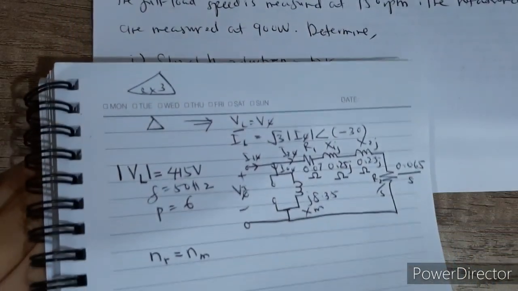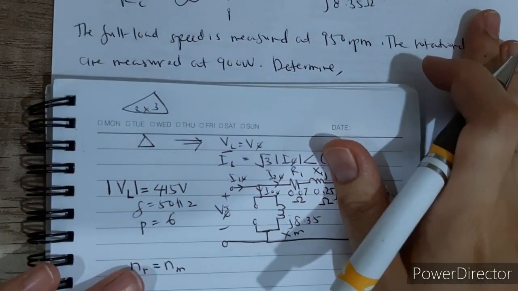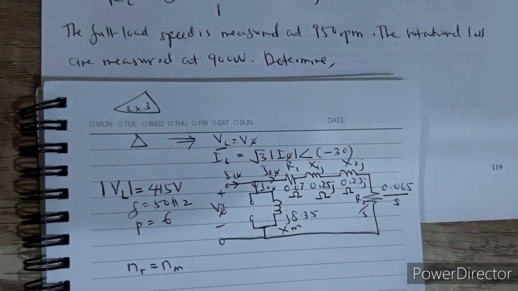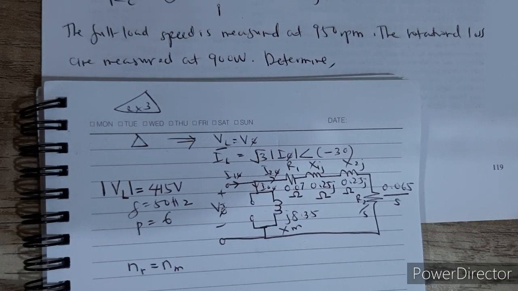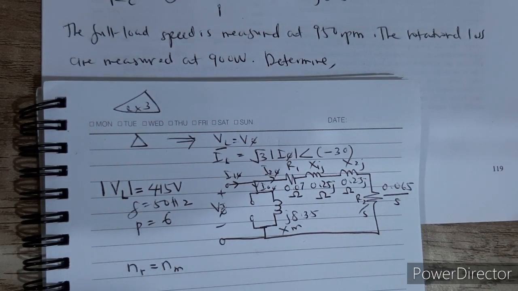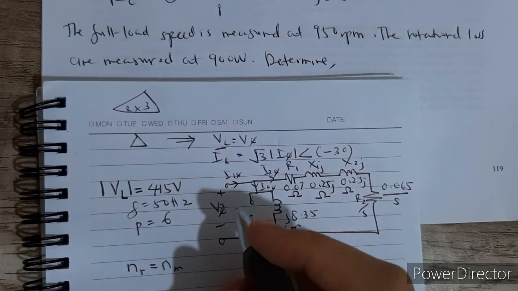Because logically we can measure the speed of your rotating rotor using any equipment, that we can physically see. On the other hand, for synchronous speed, you cannot use any tools to measure it. Usually you will find it out through calculation. So usually the given one is the motor or rotor speed.